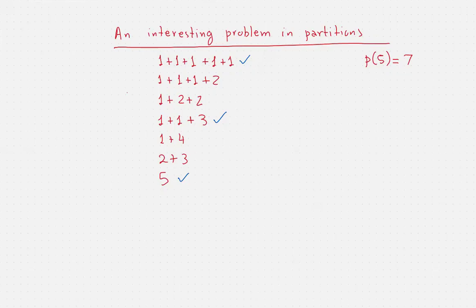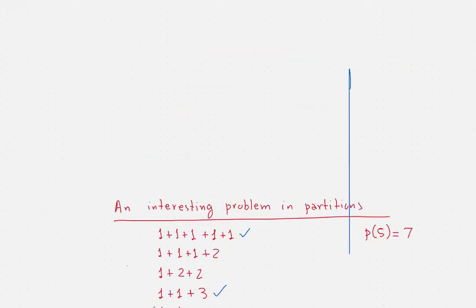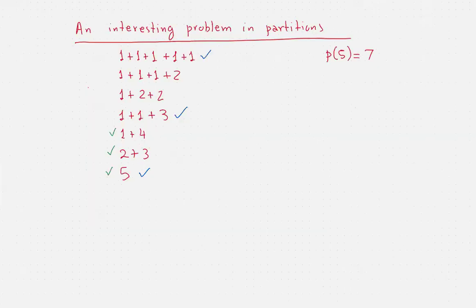Okay, so if we denote by P sub O, O standing here for odd, sorry about this, P sub O of 5, the number of partitions into odd components, then we found 3 of them.